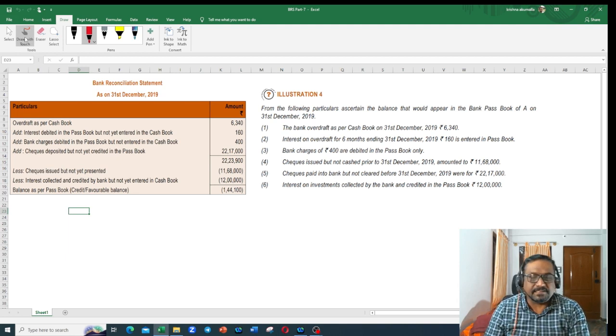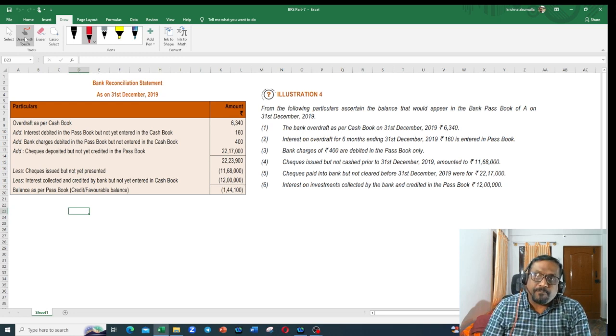But in this case, what did they give? They said it is an overdraft as per cash book. What do you mean by overdraft? I already explained this in my previous videos, but once again I'll repeat it for a minute. Overdraft is nothing but a balance. Suppose you have 10,000 rupees in your bank.